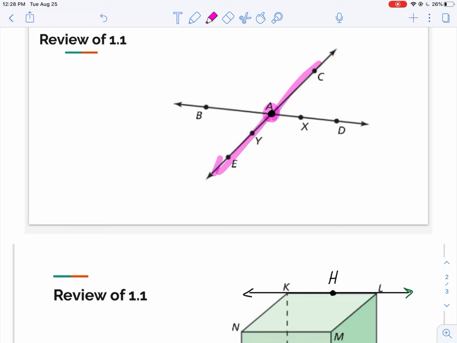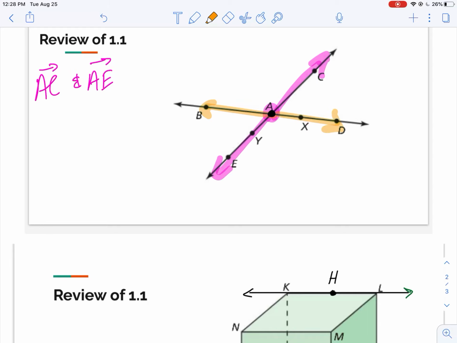So you could have AC and something in the other direction. You could have AC and AE, that would be 1. You could have AB and AD.